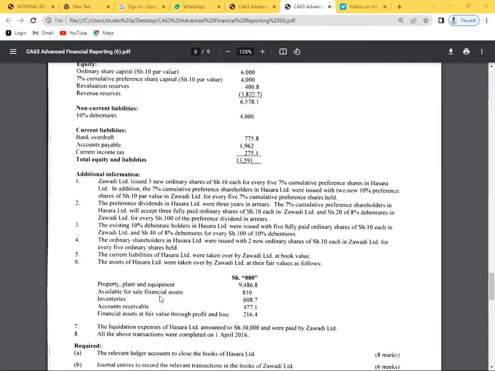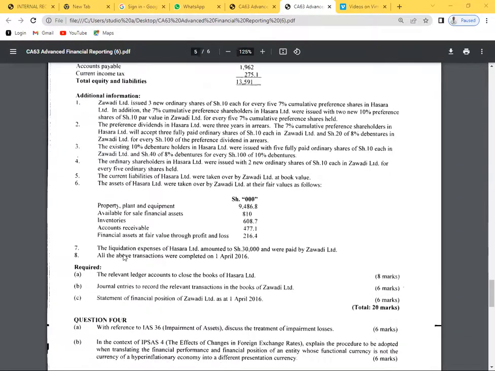What have we been told about these liquidation expenses? The liquidation expenses of Hasara Limited amounted to 30. Remember, our figures are in thousands. Amounted to 30, and they were paid for by the new company.